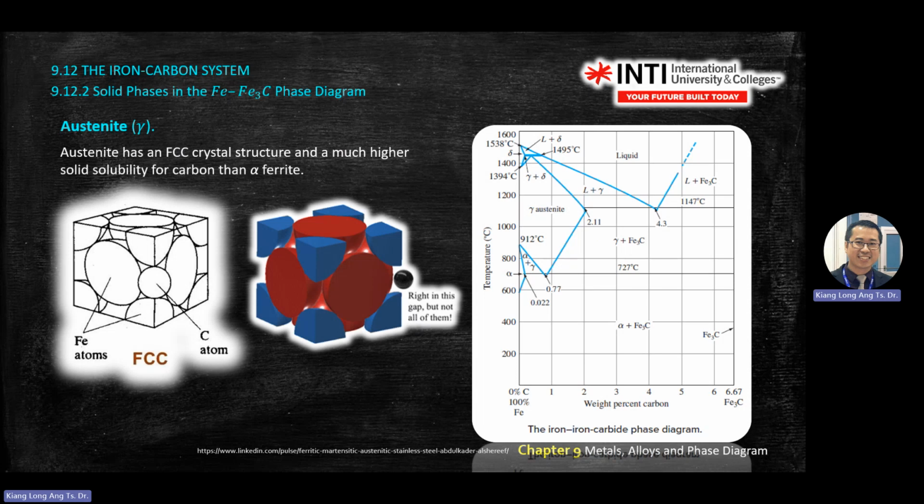Here, same, gamma, you extend down, here you get 1%, very, very small, at 1495. So the solubility of carbon is 2.1% at about 1147.